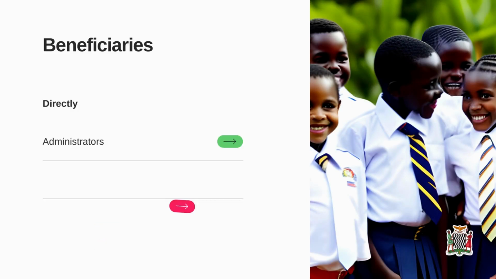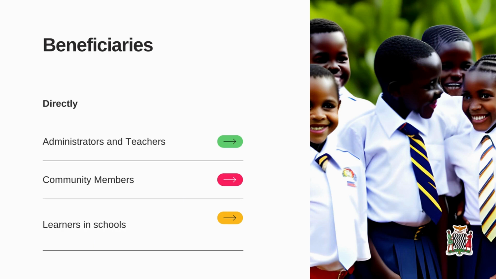Moving on, we go to the beneficiaries. Directly, we want administrators and teachers to benefit by obtaining qualifications that are accredited from a university that is well recognized by the Zambian highest authority.